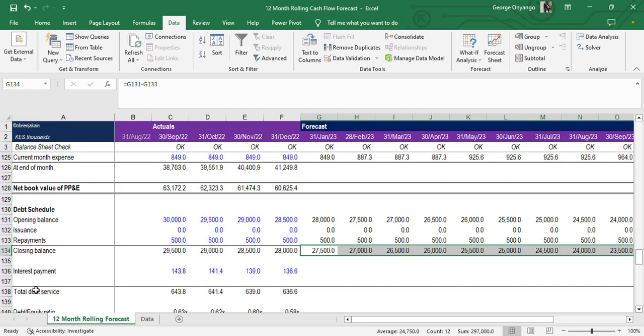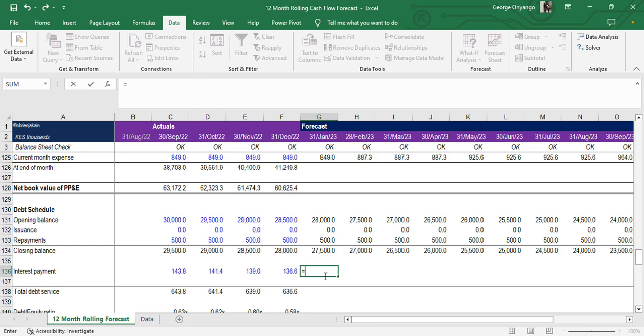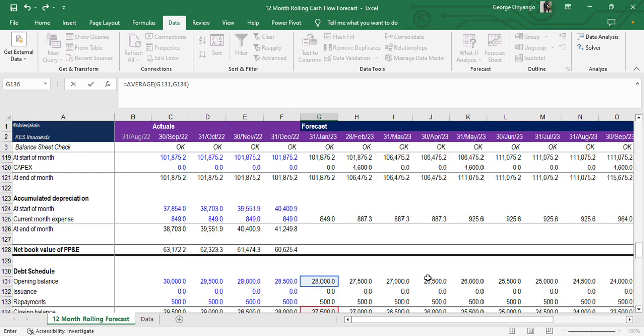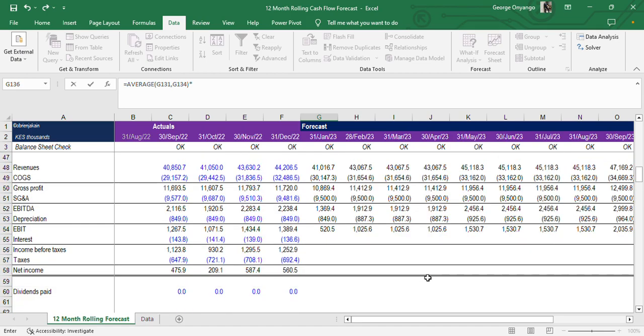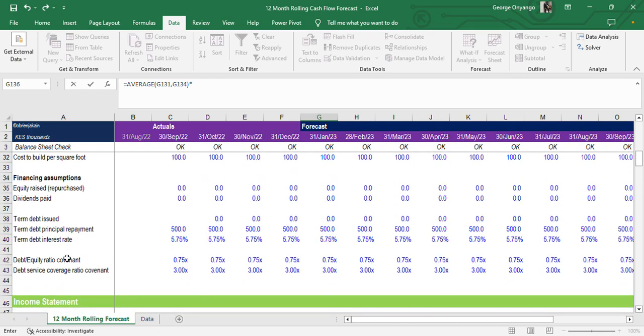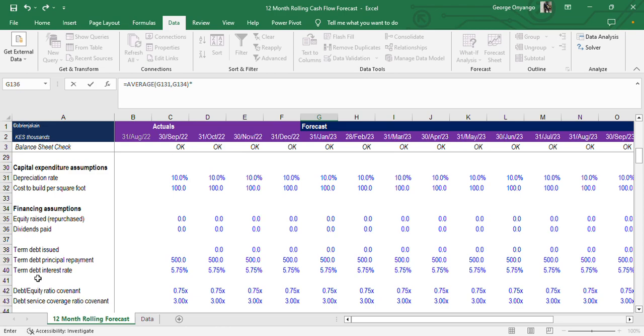Then what we are going to do, we are going to look for the interest. Interest paid should be the average of this and that. Then we multiply by the interest rate, which is this one here for the month of January.